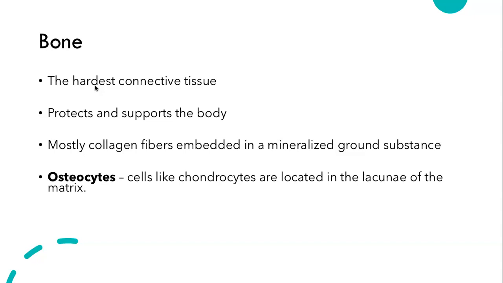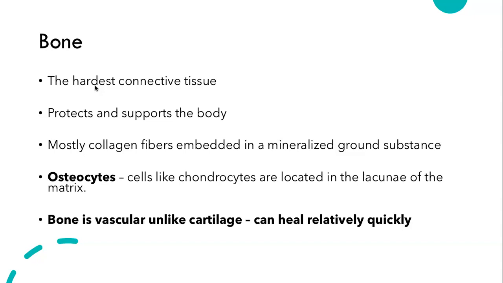They are located in the lacunae, which are the little spaces of the matrix, just like the chondrocytes in cartilage are located in the lacunae of the matrix. Bone is vascular, like I said, unlike cartilage, so it can heal relatively quickly, right? If you've ever broken a bone, you know that you just kind of have to immobilize it, put it in a cast so it doesn't continue to move, and the body can heal itself by bringing the materials through the blood vessels.